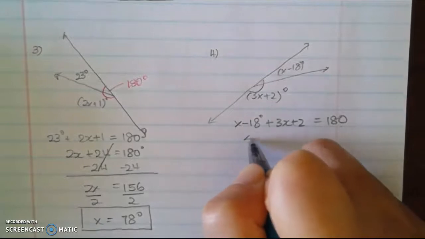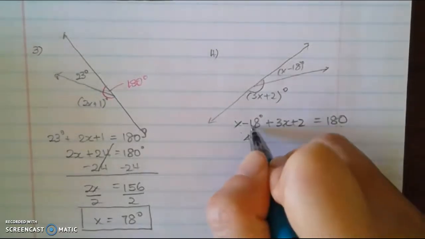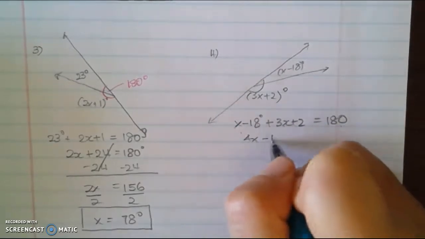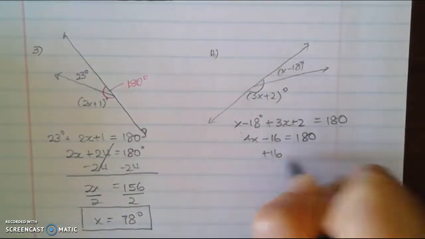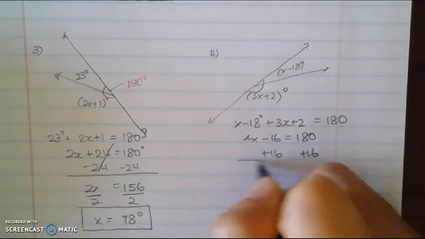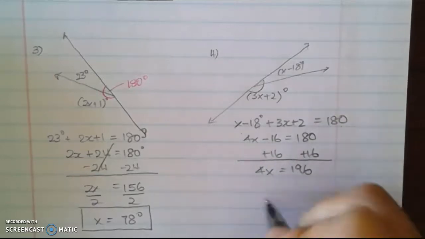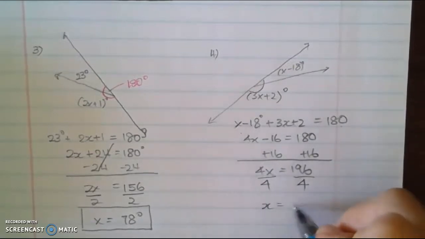So that gets us 4x, combining the like terms, x and 3x is 4x, minus 18 plus 2. Minus 18 plus 2 is negative 16, is equal to 180. Add 16 to both sides. You're left with 4x is equal to 196. Now divide both sides by 4, and you get x is 49 degrees.